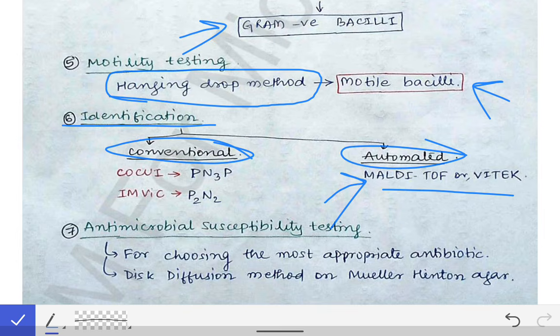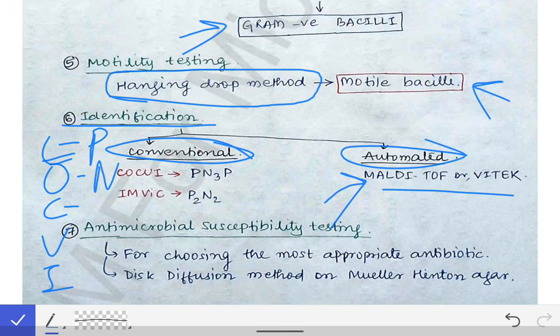In the biochemical tests you have to write the catalase test, oxidase test, citrate test, urease test, and indole test. The results are: catalase test is positive, oxidase test is negative, citrate test is negative, urease test is negative, and indole test is positive for E. coli.